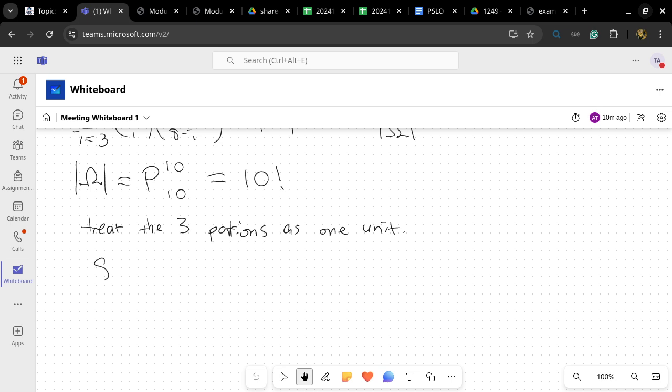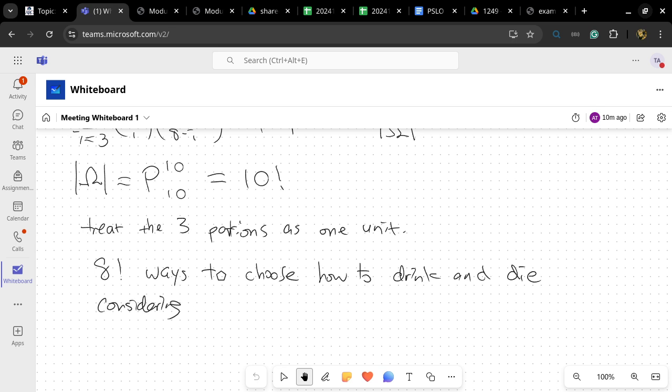So now we say there are 8 factorial ways to choose how to drink and die, considering the 3 deadly potions as one.